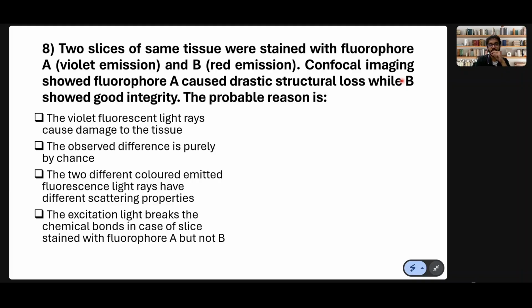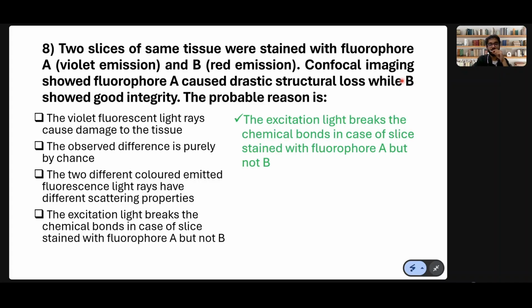A showing structural loss is probably because as we excite A, it may cause A to disintegrate, which literally means that A's chemical bonds are breaking on excitation, whereas B showing good integrity just means that there is no effect of light or excitation on B. So the correct option is option D. The excitation light breaks the chemical bonds in case of the slice stained with fluorophore A but not B.